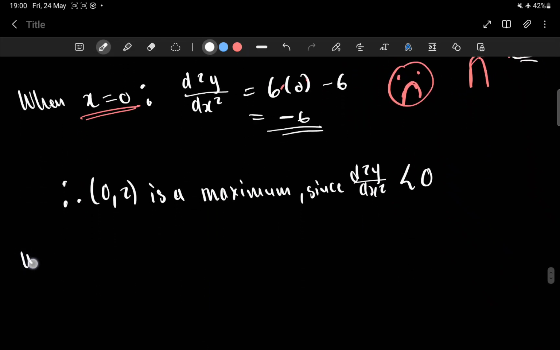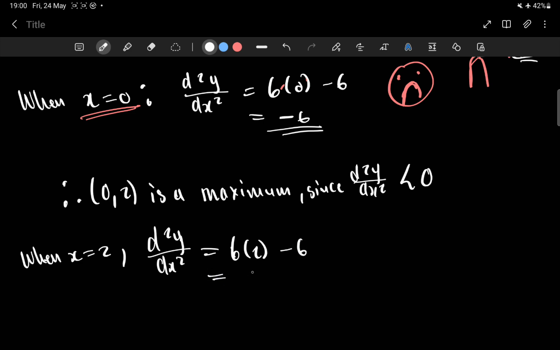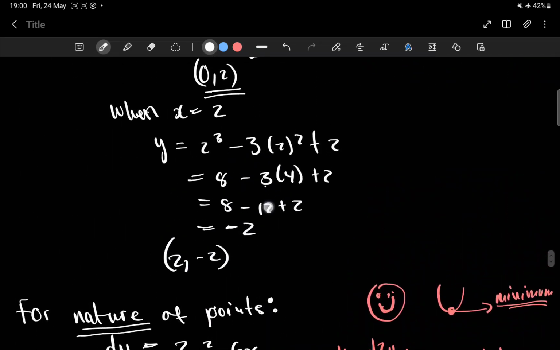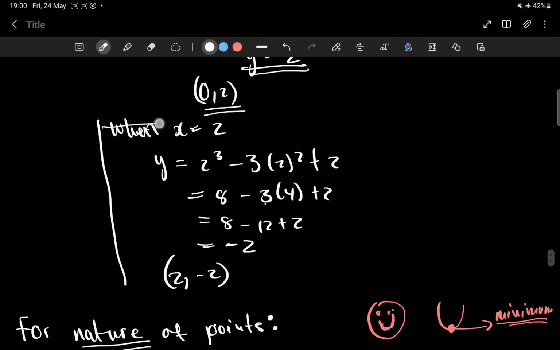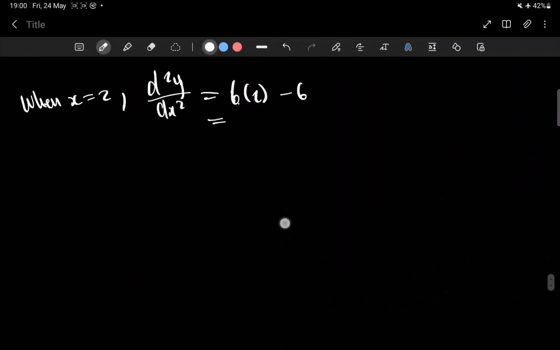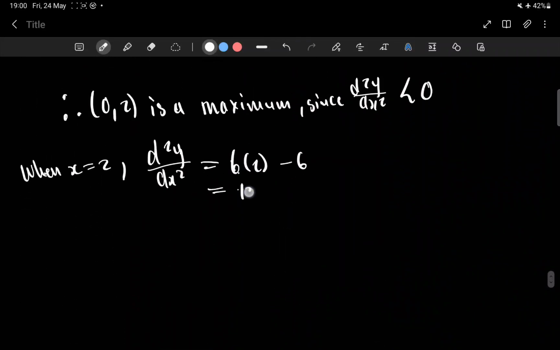Then when x is equal to 2, let's find d2y dx squared. This is going to be equal to 6 by 2 minus 6. Remember, where there is x, we are now putting 2. We are now doing this point, x is 2. 6 by 2 is 12, minus 6 is 6.